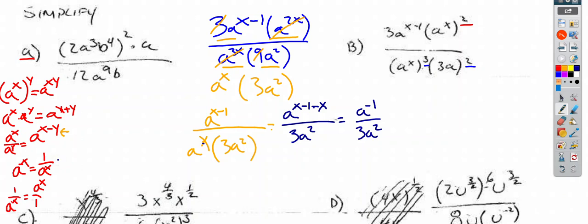So a to the negative first is equal to 1 over a to the first. So that's just going to give me 1 over 3a squared times a. Well, what's a squared times a? A to the third. So our final answer is 1 over 3a to the third.